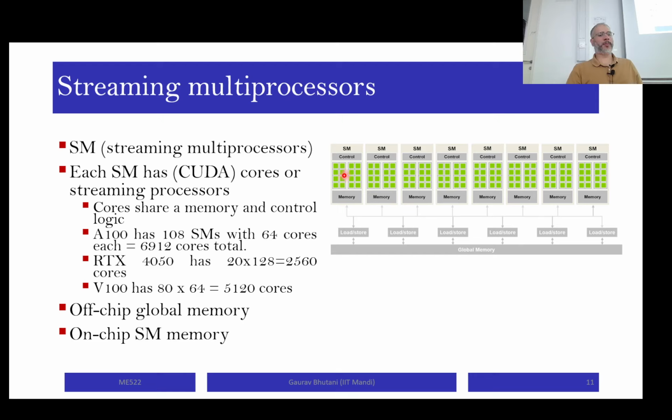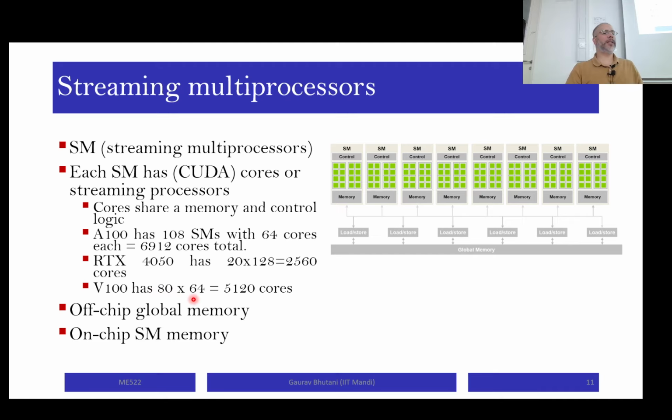Just to give you a perspective, let us talk about my machine, the laptop I am using. This is RTX 4050, which is a laptop GPU card. It has 20 streaming multiprocessors and 128 cores on each streaming multiprocessor. That gives us a total of 2560 cores. Similarly, V100, which is the card available on Param Himalaya, is 80 times 64.